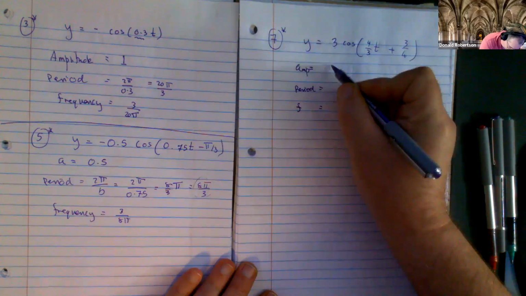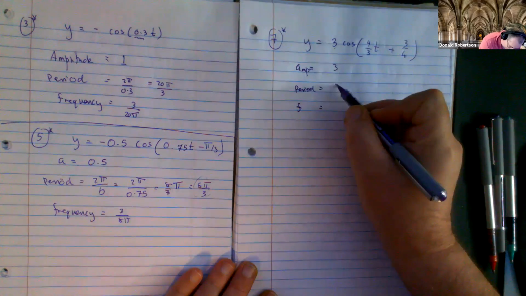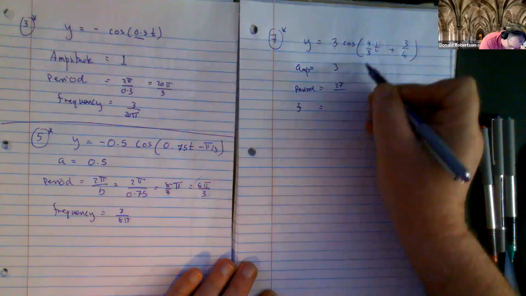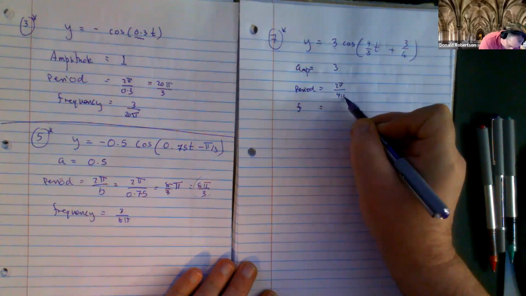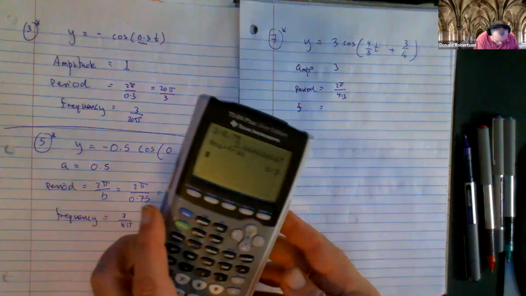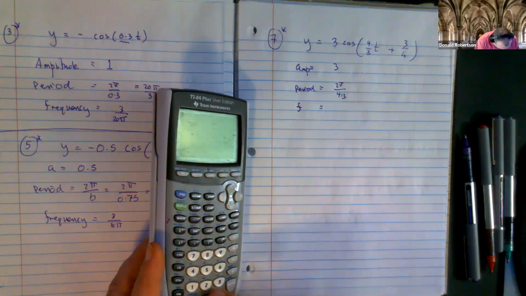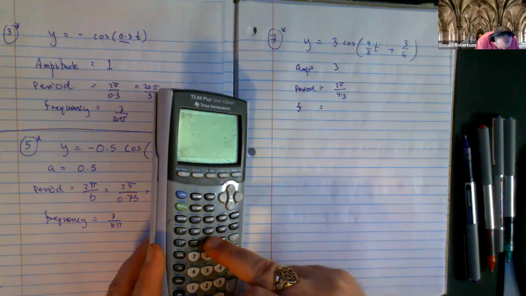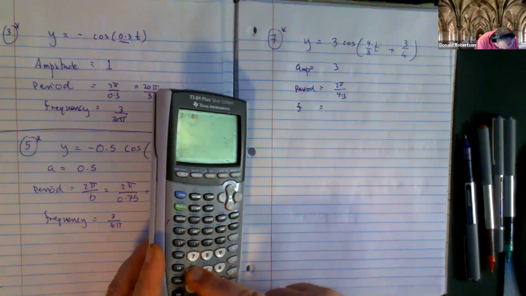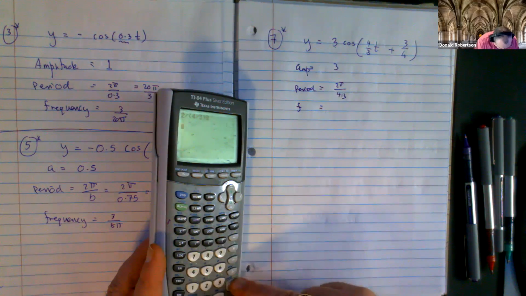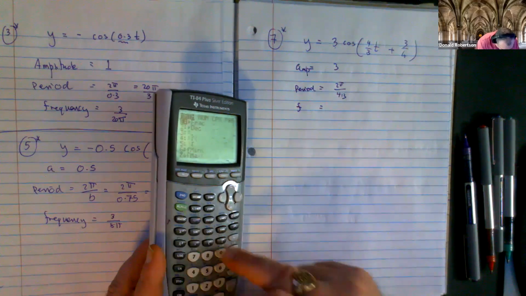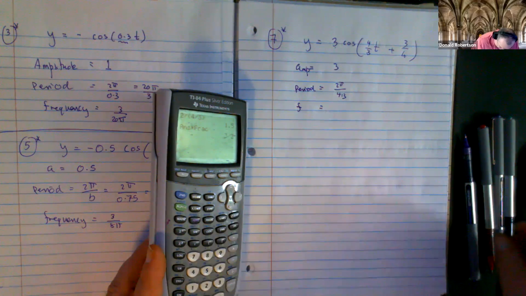The amplitude is 3, the period is 2 pi divided by 4/3. There's 2 divided by brackets 4/3. And that, when you turn it into a fraction, is 3/2.